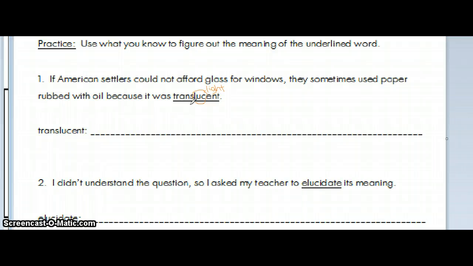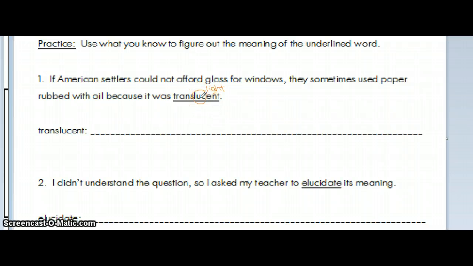And glass is clear. So let's see if that makes sense in this sentence. Instead of using glass, the settlers sometimes use paper rubbed with oil because it was clear.